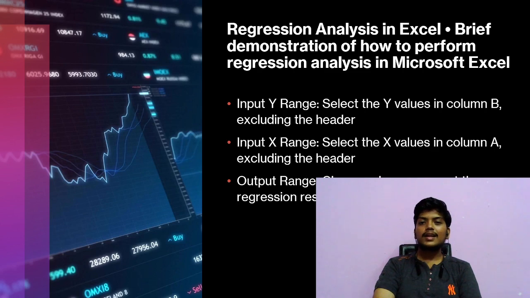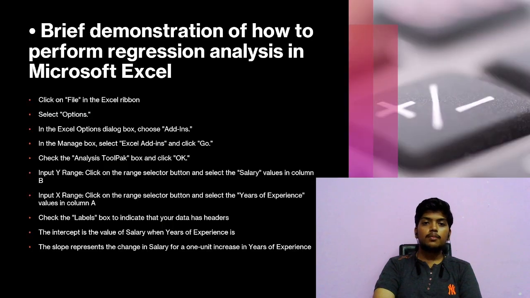Later, regression analysis in Excel: input Y range, input X range, output range. Select the Y values in column B, select the X values in column A, and choose where you want the regression results to be displayed. A brief demonstration of how to perform regression analysis in MS Excel.